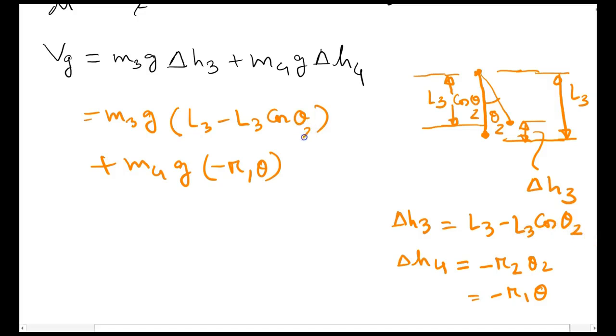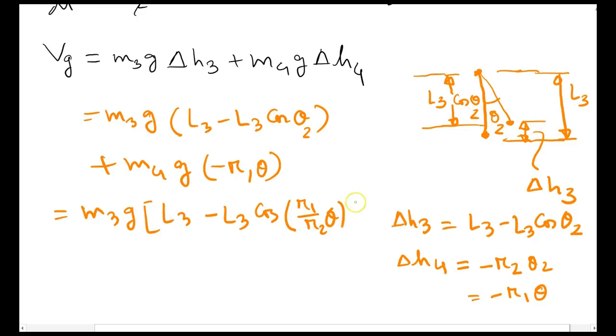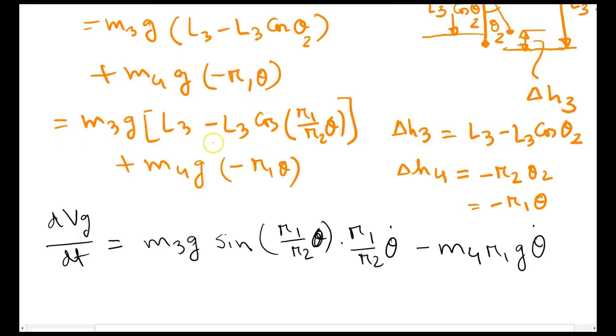And we already know the expression for theta 2, which can be written like this: M3 G (L3 minus L3 cos(R1 by R2 theta)), and that's our complete expression for the point mass. Then we differentiate this form of gravitational potential energy with respect to time, and we get this kind of expression.